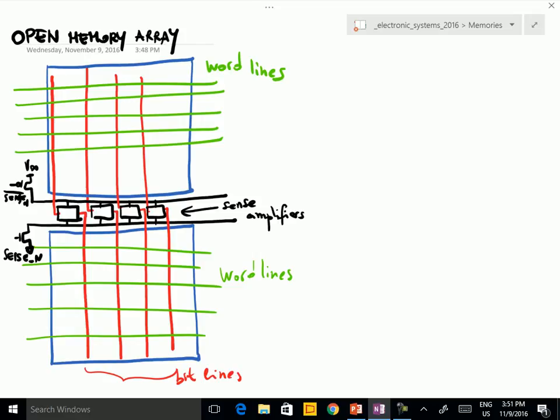So for every bit line that is activated, the other bit line which is connected to the same sense amplifier but to the other half of the memory bank is the comparison bit line.